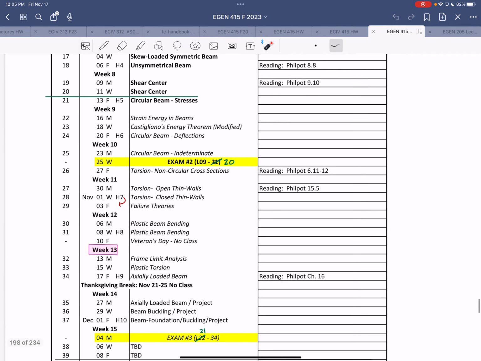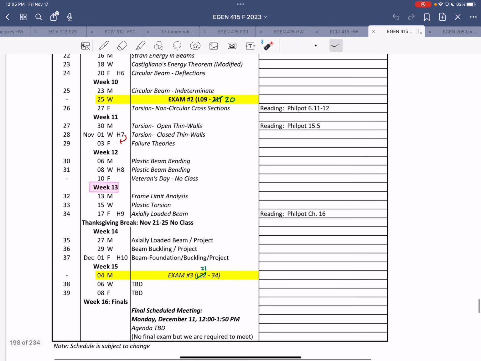So you'd be thinking about torsion, bending, shear, and axial forces, and it's focused on analyzing and then designing a bicycle crank arm. So I think students in the past have liked that because it seems like it's a little bit more relatable in the real world.